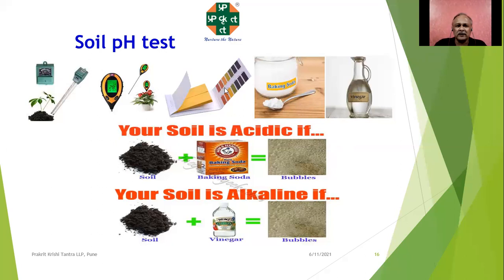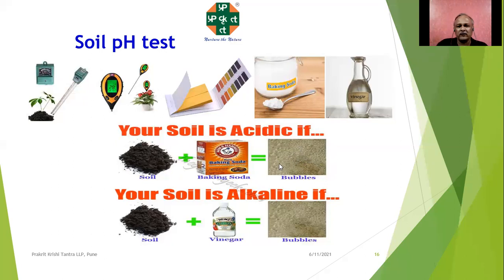It will not tell anything specific like these numbers, or this meter, or this digital number, but this will indicate fairly well. You take the soil and add water to make the soil solution, and then add 1 tablespoon of baking soda, and you will see bubbles and froth come.